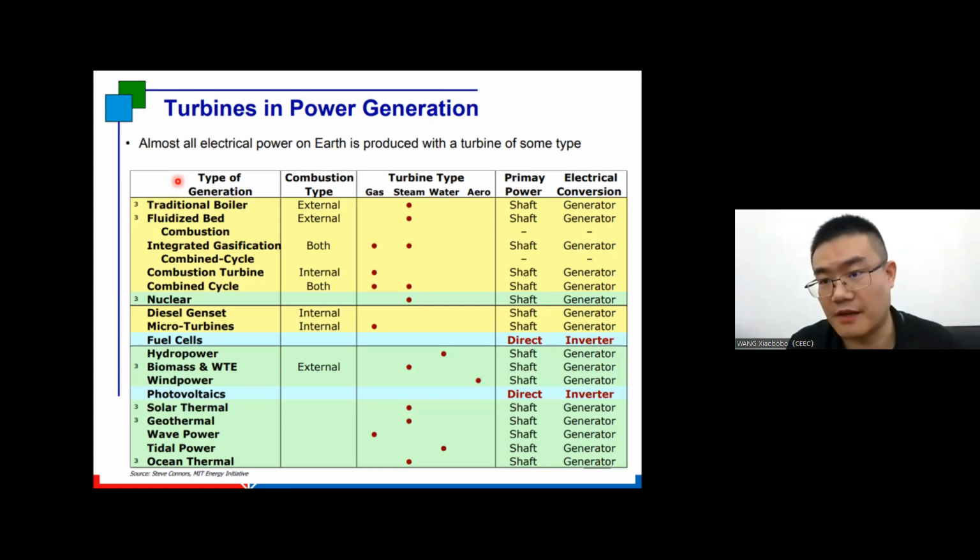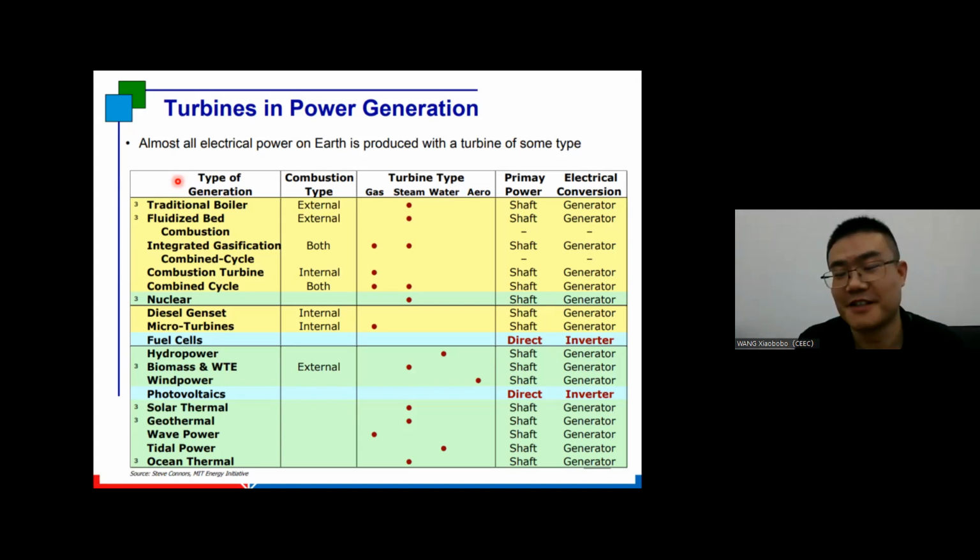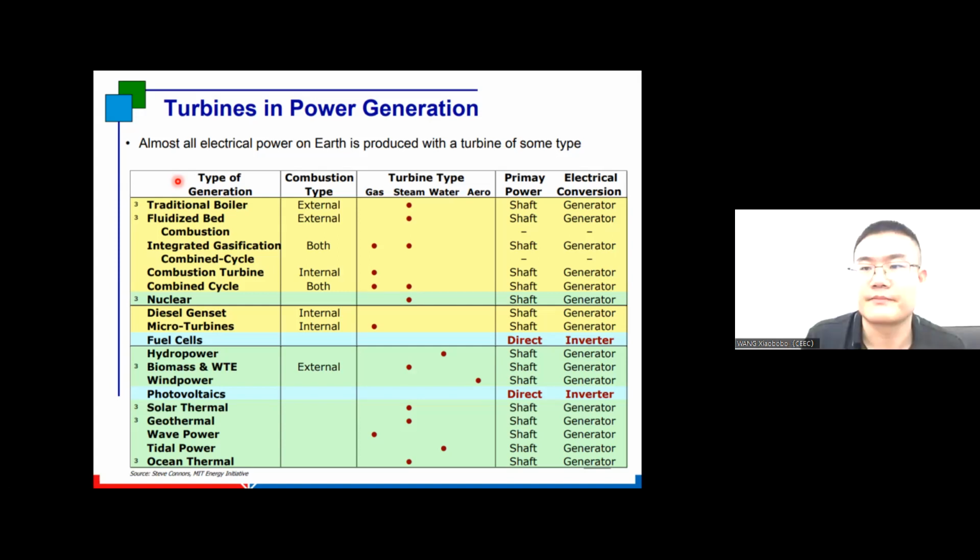So we have an inverter to convert it to different levels of voltage. So solar is unique. The rise of the solar industry caused, to some level, a crisis for the mechanical industry. As we can see, the car industry, the vehicle industry, the power industry have always been based on the mechanical, but solar has broken the rule.